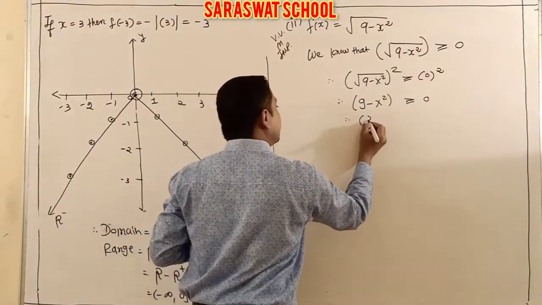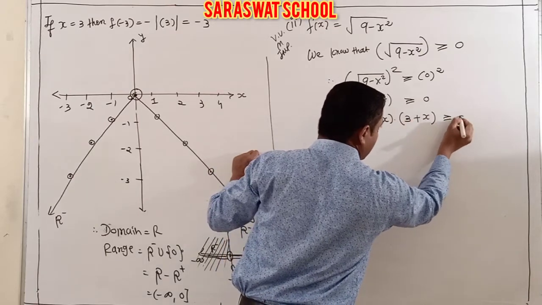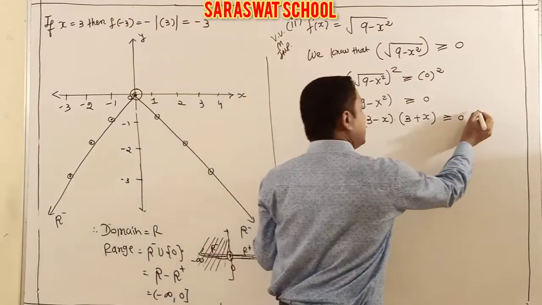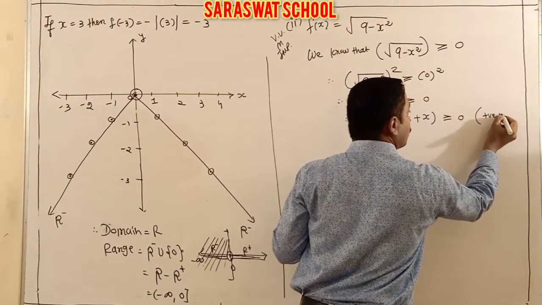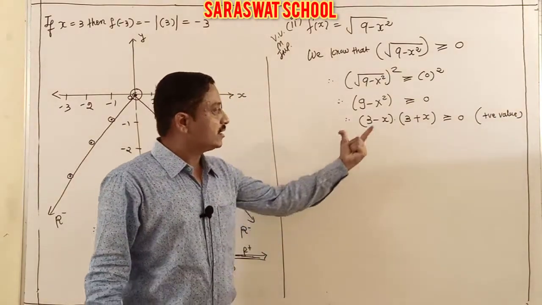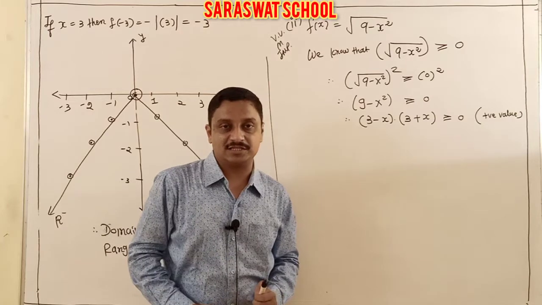Here splitting into two factors: 3 minus x, 3 plus x, greater than or equal to 0. Greater than or equal to 0 means surely it is a positive value, including 0. Students, here I explain this numerically by different 3 cases.